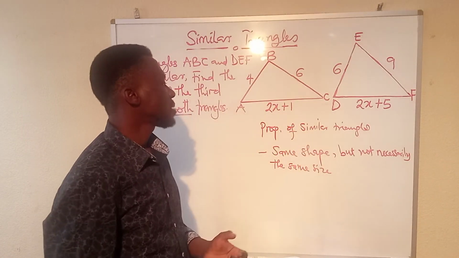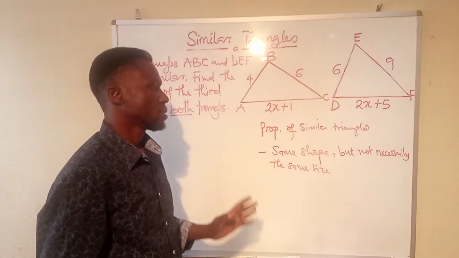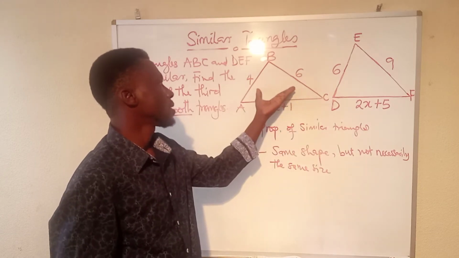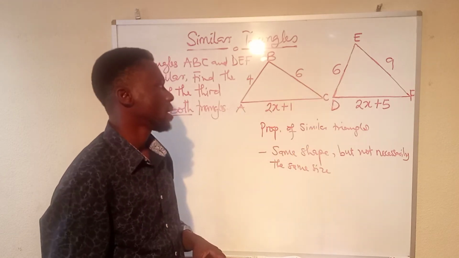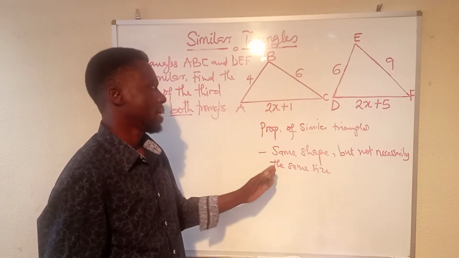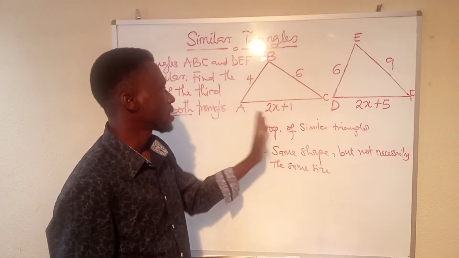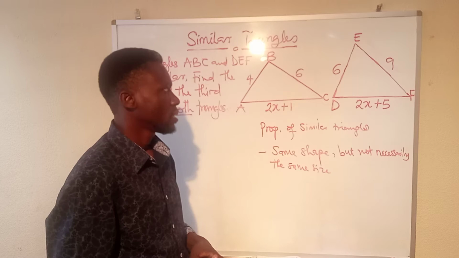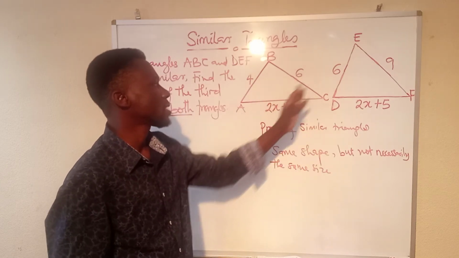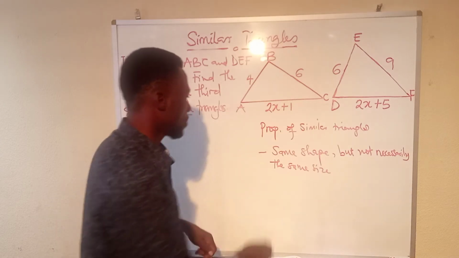So similar triangles have the same shape, but they do not necessarily have the same size. Triangle ABC and triangle DEF are similar, and we can see that their shapes are the same, but their sizes are not the same, because we could tell from the lengths that are given that they are not the same. So that is one property.